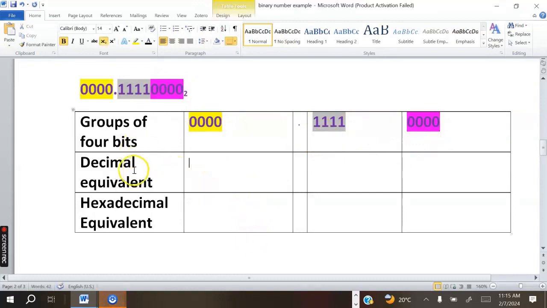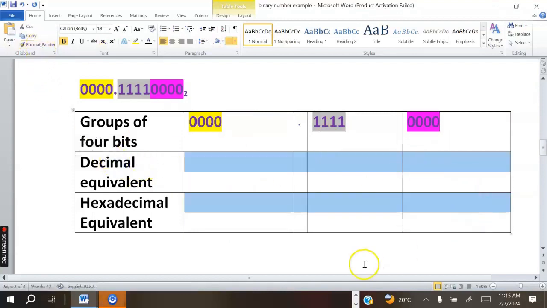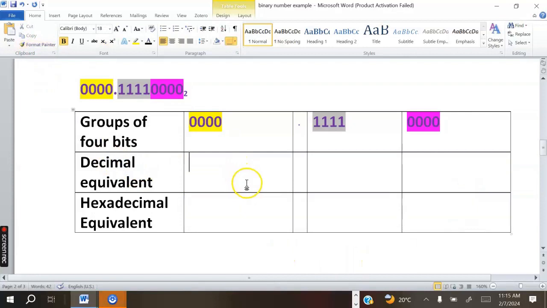Okay, the next step is to get the decimal equivalent. The decimal equivalent for 0, 0, 0 is actually 0. And this is equivalent to a normal 0. Then we have this one, 1, 1, 1.